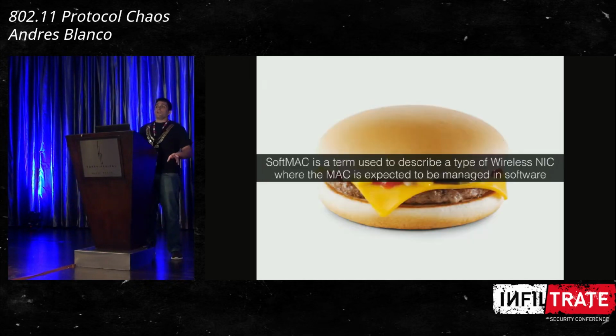The other term that is important to understand in this presentation is that we have two different types of network interfaces. We have soft MAC interfaces, which manage all the MAC layer of the protocol in software. This means that the driver, or the kernel module or kernel extension, depending on the platform, manages the MAC layer of the protocol.